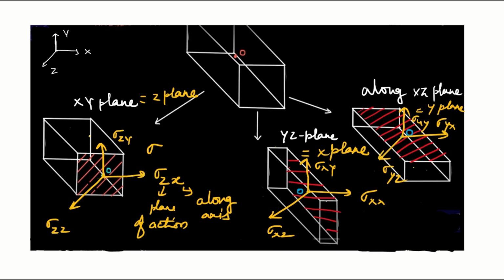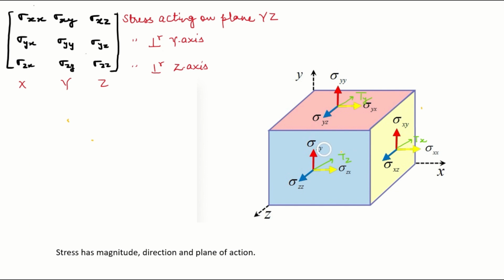So I am combining all these 3 cross sectional areas into one, and I am considering this figure. This is Z plane, this is X plane, and this is Y plane, right? So Tx, what is Tx? Tx is stress along X plane. This is Ty, stress along Y plane. Suppose this green vector is Ty.